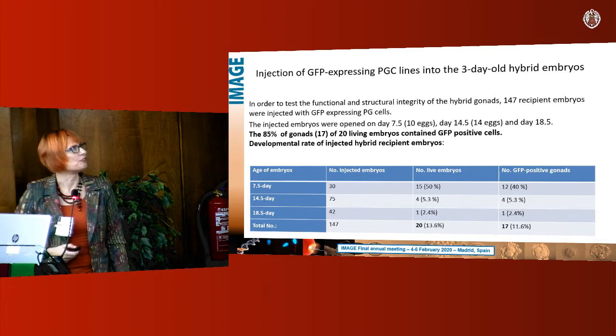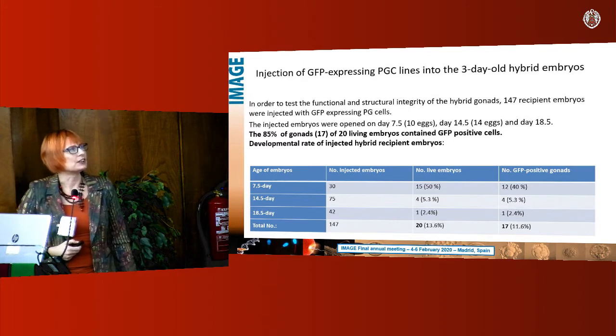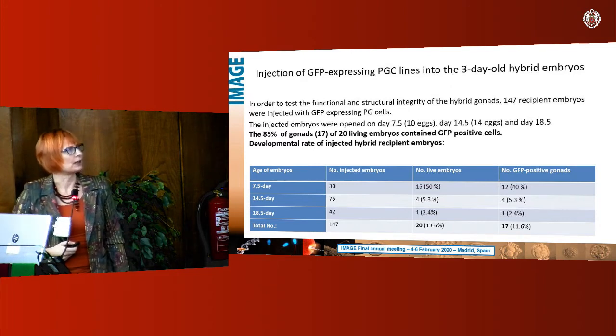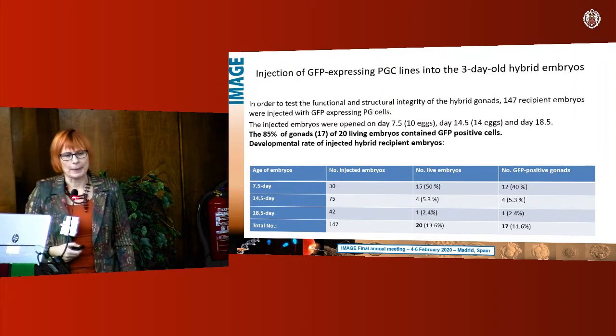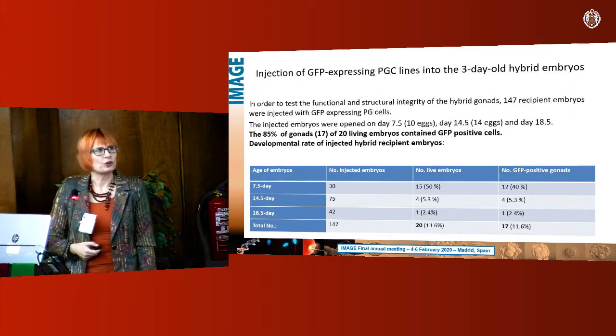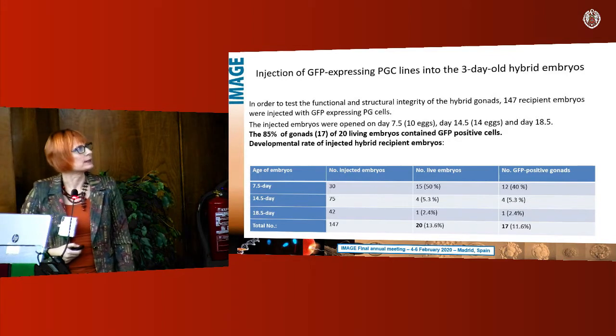In order to test the functional and structural integrity of the hybrid gonads, 147 recipient embryos were injected with GFP-expressing PGCs at 3 days of embryonic life. This type of cell helps us to follow them in the developing gonads.